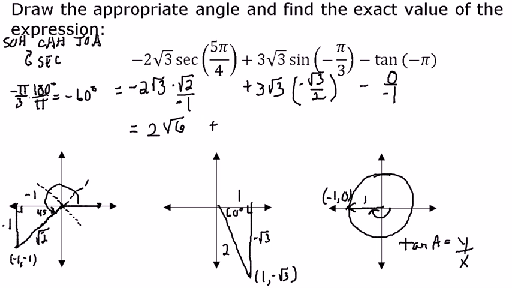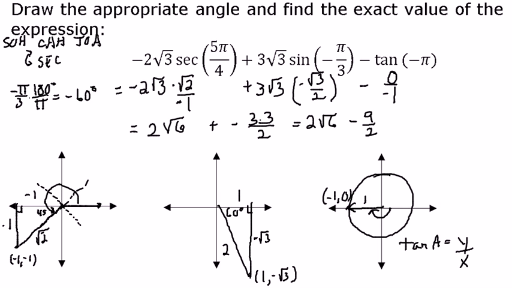And then we have 3 square roots of 3 times negative square root of 3 over 2, so that's going to be a negative 3 times 3, so a 9 over 2, and then 0. Okay, so 2 square roots of 6 minus 9 halves.